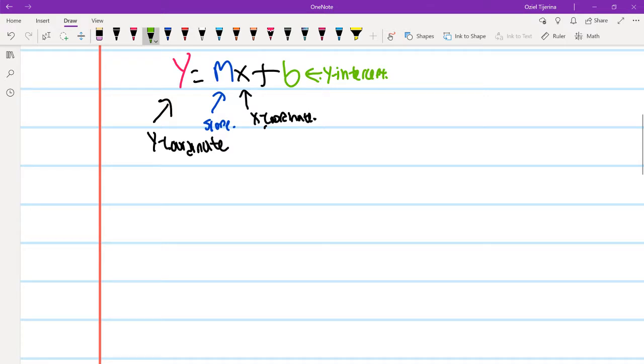So let's do a quick exercise on whether an equation is linear or not.